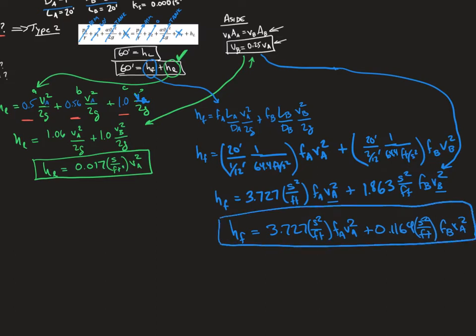So now we've got two things. These are the friction losses over here, and they are a function of the friction factors in the pipes and the velocities in the pipes, although we've made it only a function of one of the velocities because they depend on each other.